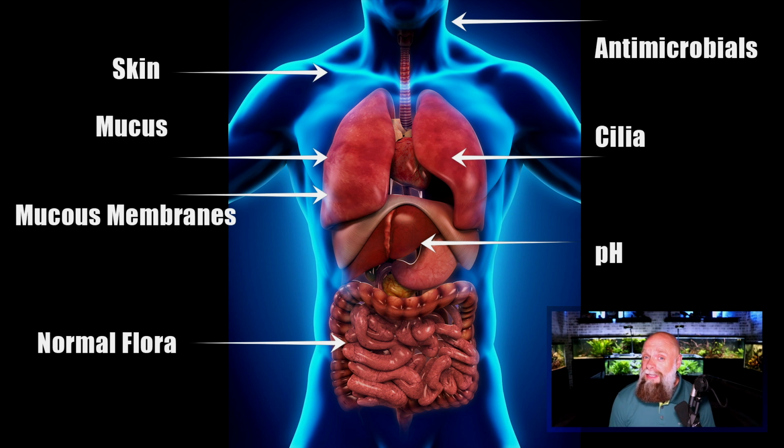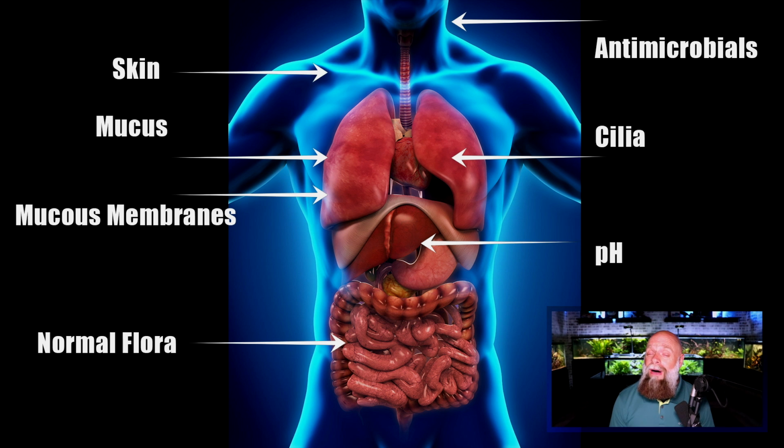The next thing to consider is pH. Yes, pH, we've talked about that in the past. We have a very low, very acidic pH in the stomach, and that's also true in the female lower GU, and that pH is designed to destroy proteins. So if you're a pathogen trying to cause an infection and you have to get through the stomach or try to establish yourself in the female lower GU and that pH is acidic, that can be difficult to do.